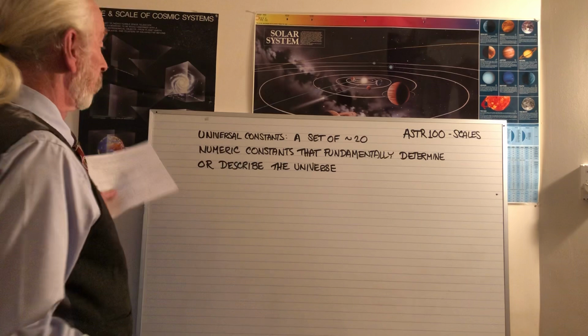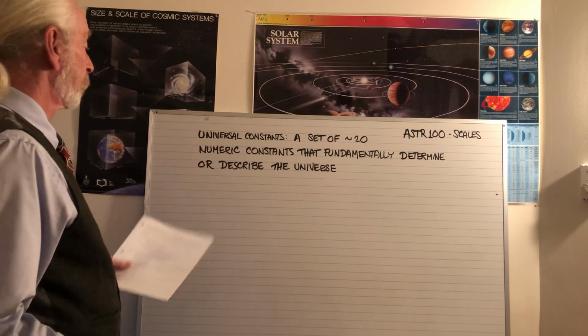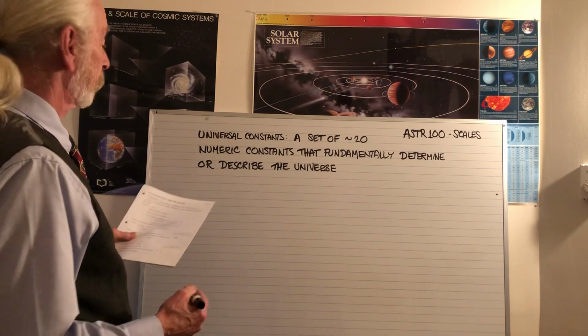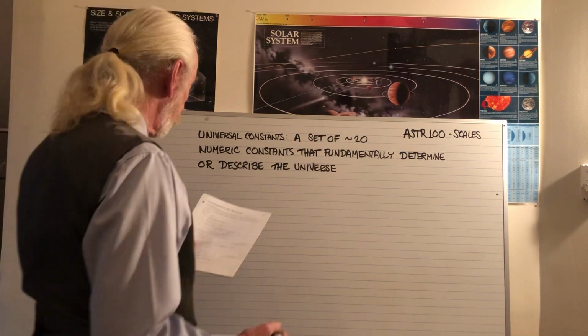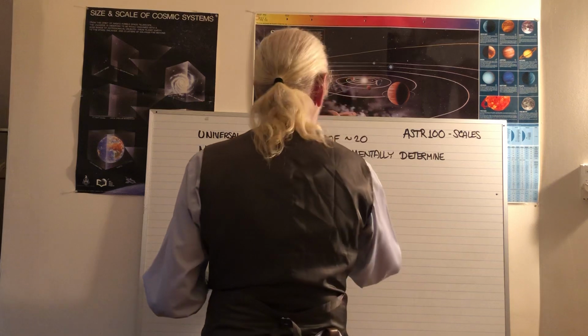There it is. Universal constants, a set of approximately 20 numeric constants that fundamentally describe or govern or determine the universe.